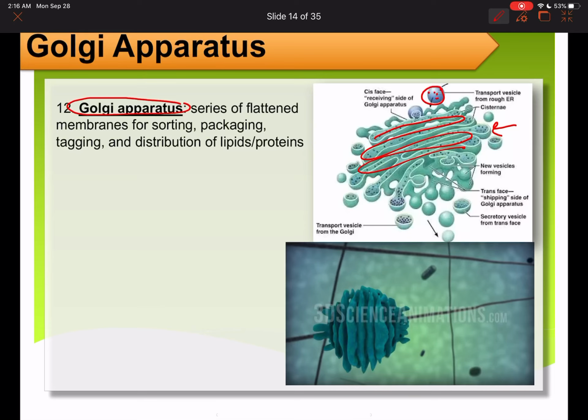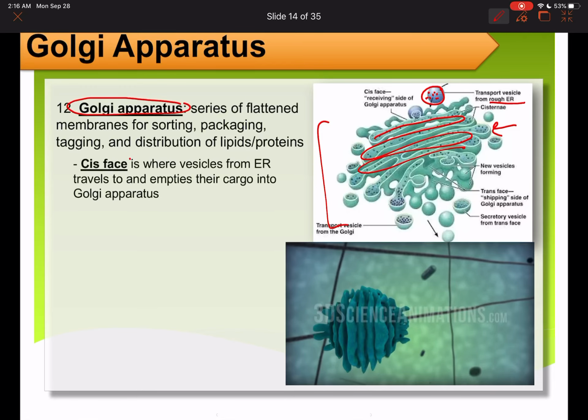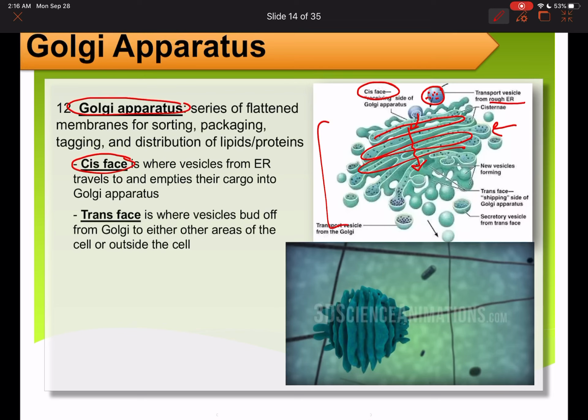Here's that vesicle with the proteins within it coming off from the rough ER and now coming towards the Golgi apparatus right here. And hence, the entrance side is where the packaged transport vesicle will travel to, and that's called the cis phase of the Golgi apparatus, where the vesicle will merge and fuse with the cis phase, dump the protein contents into the Golgi apparatus, and then the proteins will move throughout the Golgi apparatus and exit through the trans phase.